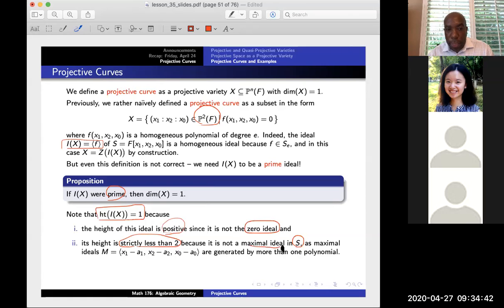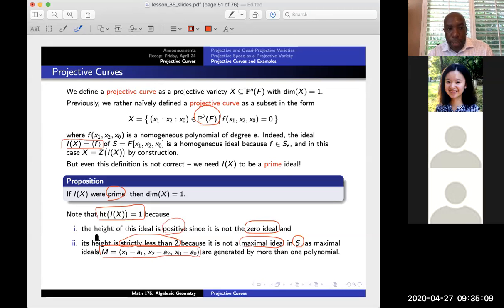We also know that this here is not a maximal ideal because remember, we know what the maximal ideals of S look like. They are in this form. So again, this is what the maximal ideals of S look like. So the point is that if I of X were a maximal ideal, it would have to be generated by more than one polynomial.